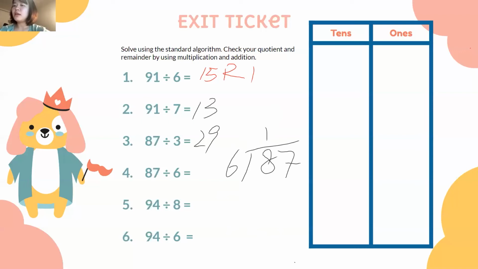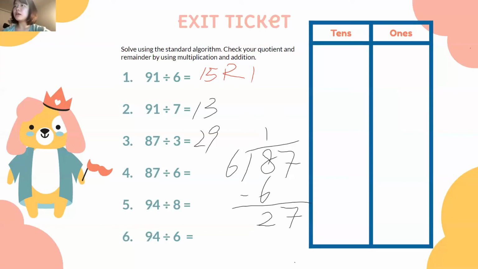1 times 6, that is 6, so 8 tenths minus 6 tenths equals 2 tenths, and 2 tenths plus 7 ones, it is 27. And how many can we break into 6 groups for 27? Let's see.